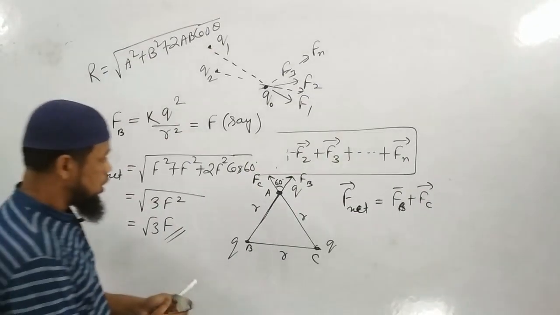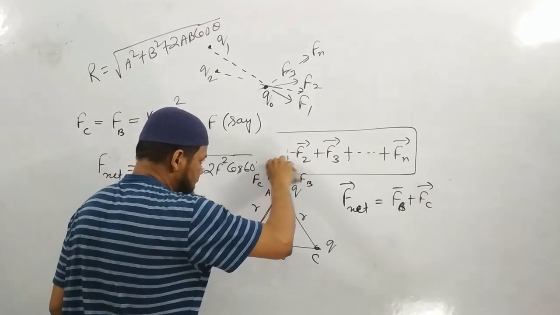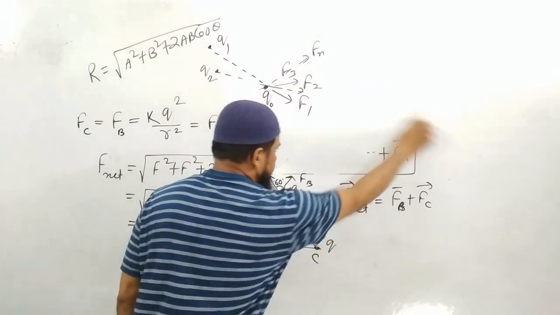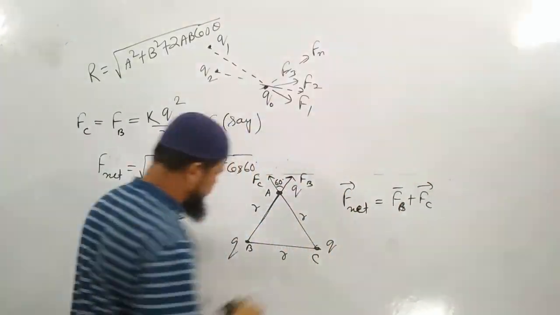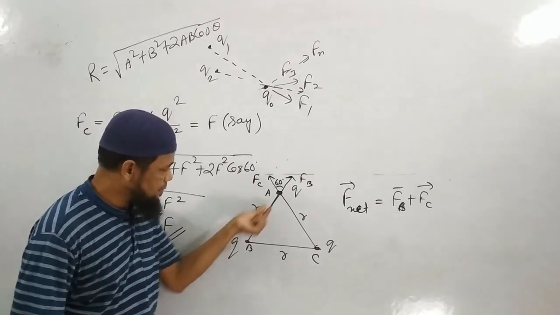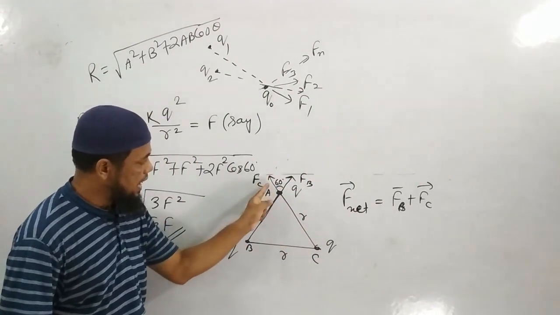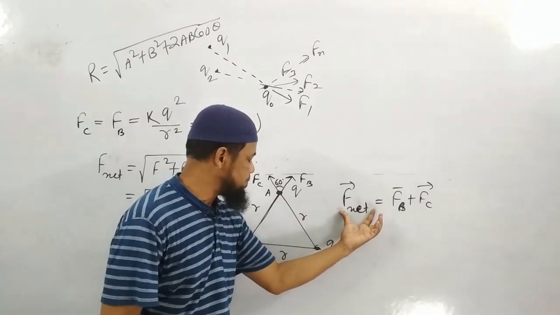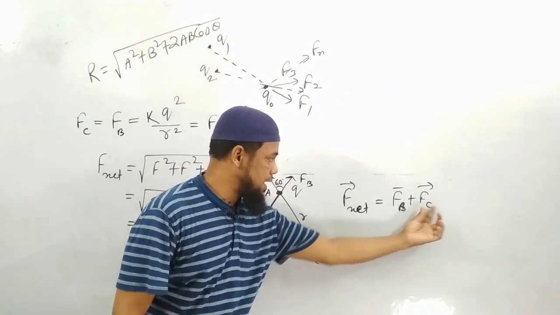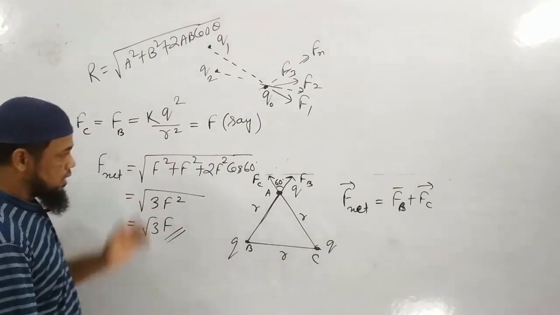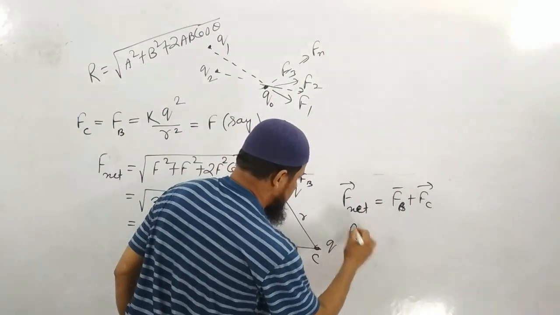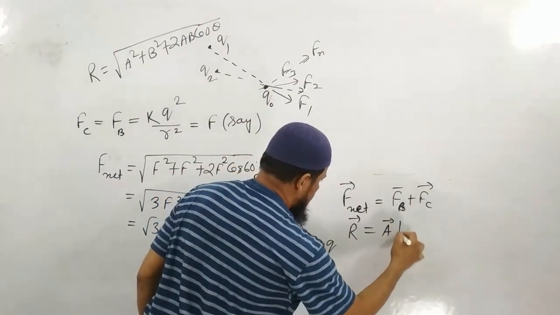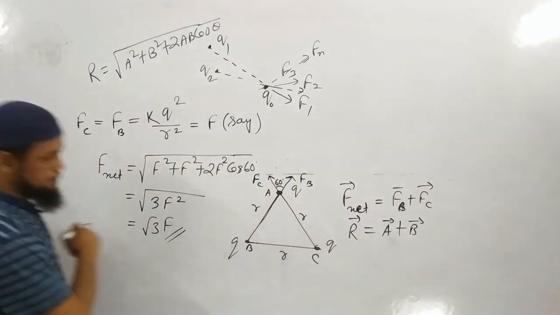So at this particular vertex, there will be two forces, one by B and the other by C. Angle between the forces is 60 degree. So net force will be, according to the superposition principle, force by B plus force by C, something like R bar is equal to A bar plus B bar.